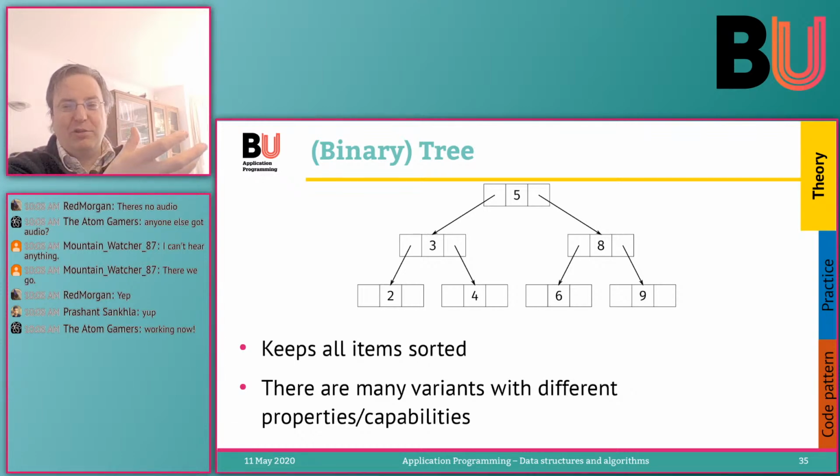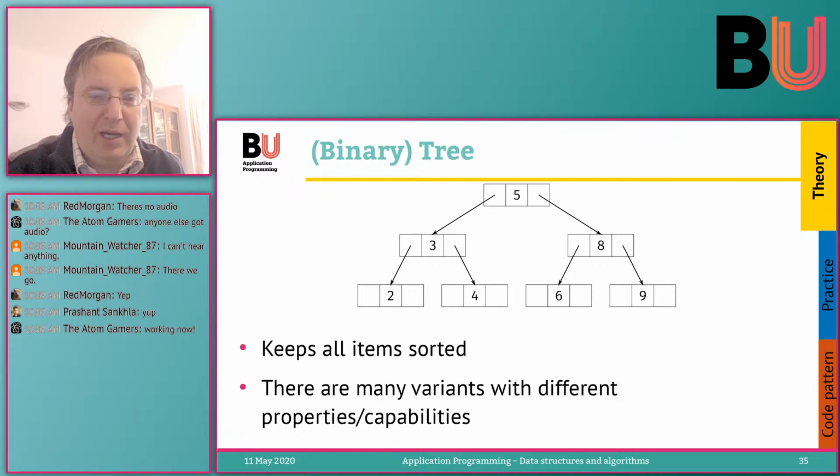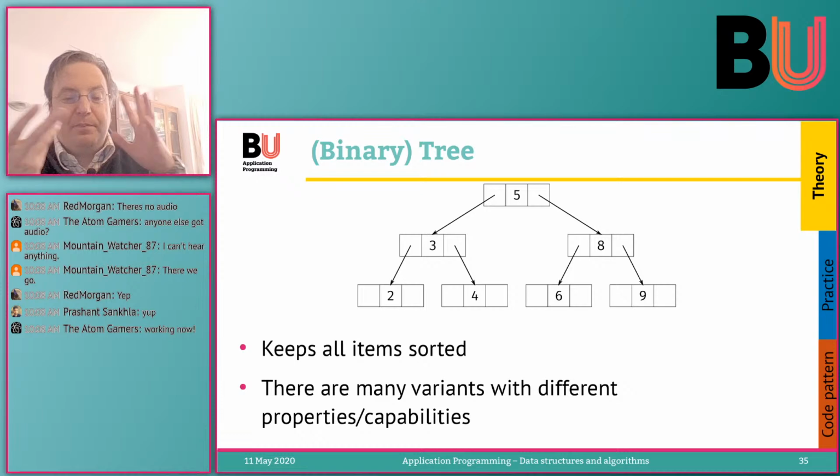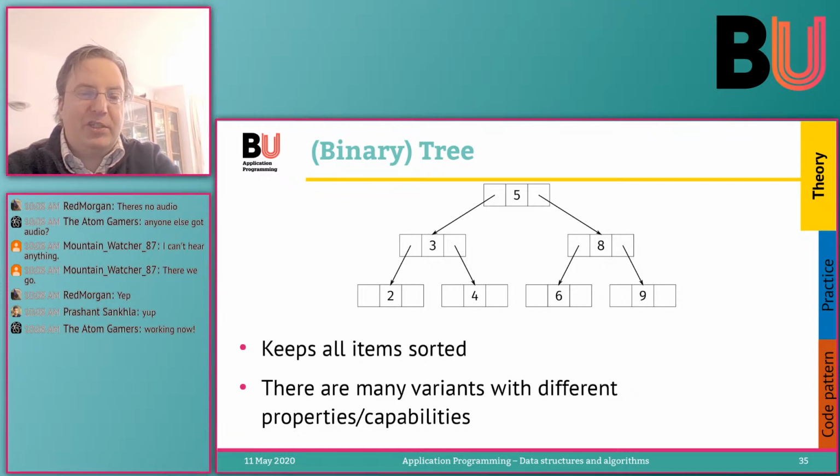An array list is sorted in the order of adding stuff, not sorted in the order of the elements. So a binary tree needs your elements to be sortable. They need to have a natural order, or a sorting function that provides this capability. But the tree keeps things sorted. So if you need to have it sorted anyway when you use it, a binary tree can be a very efficient way of dealing with that.